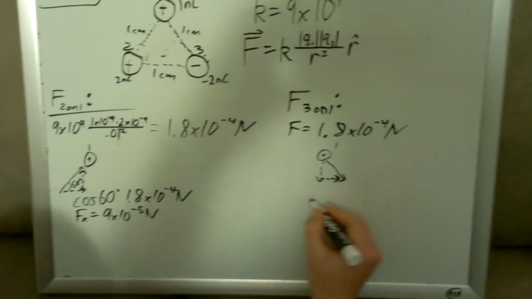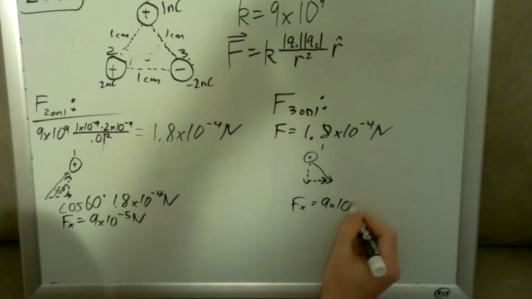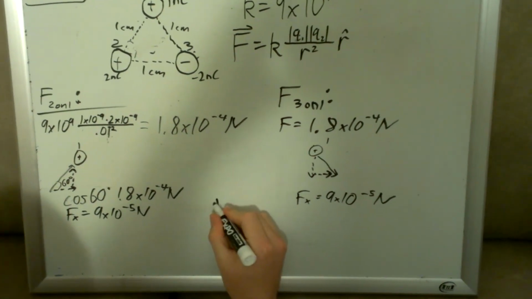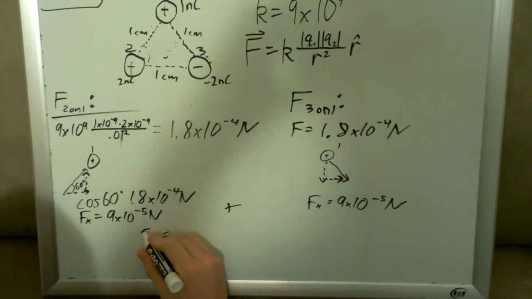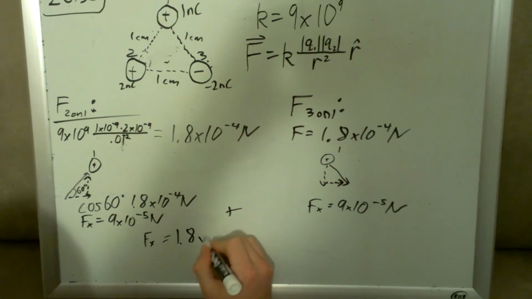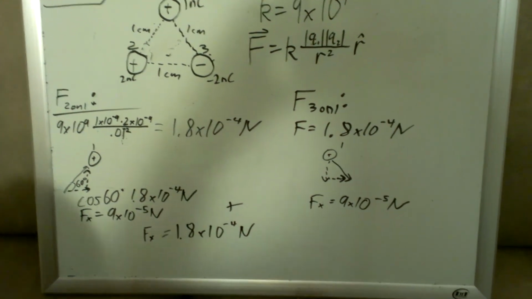So I also know the same over here. And now I add them together, and the total x force comes back to 1.8 times 10 to the negative 4th newtons.